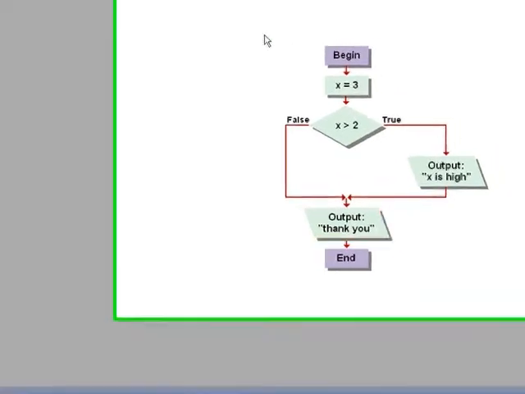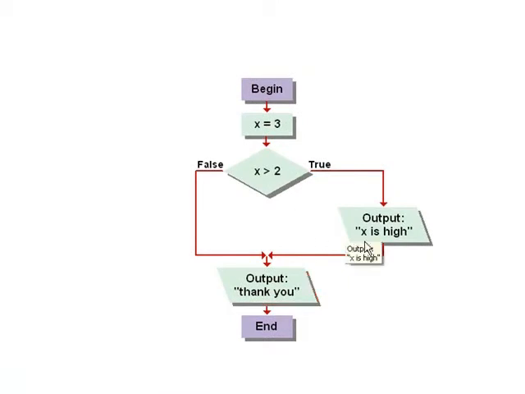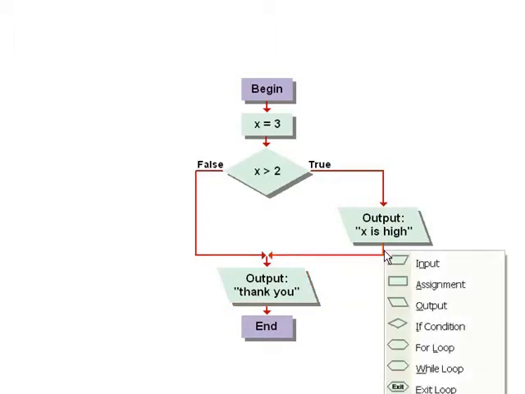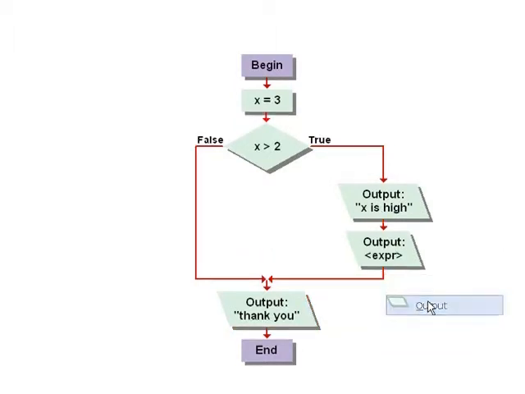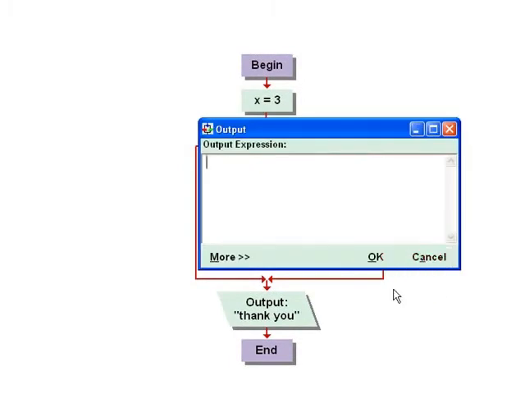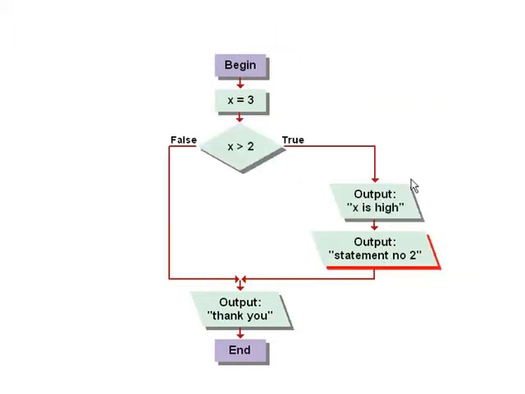Now, what happens if I want to have more than one statement? I have a statement here which says x is high, and another statement, for example statement number 2. What happens here if I run it? It is x equal to 3, which is greater than 2, so it will pass through this, this, and this.